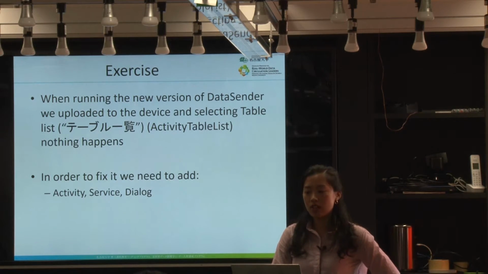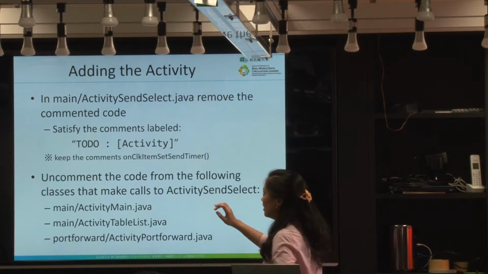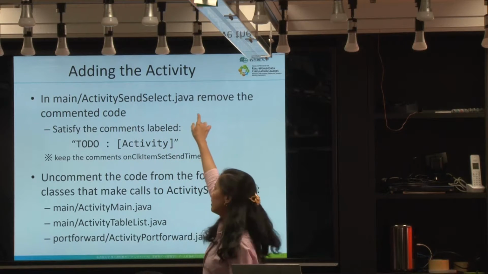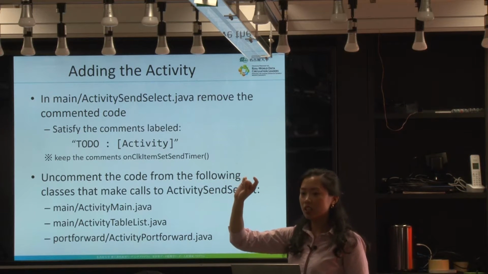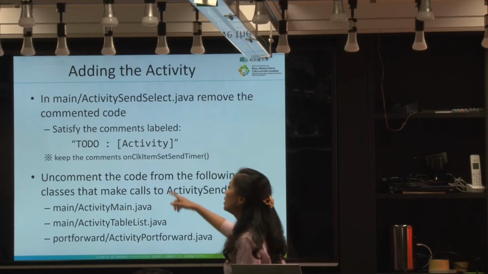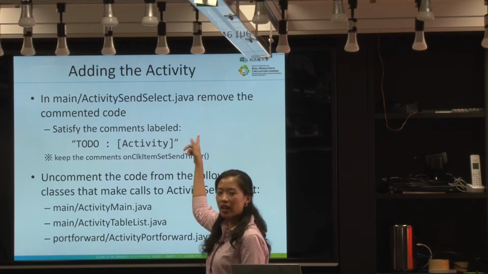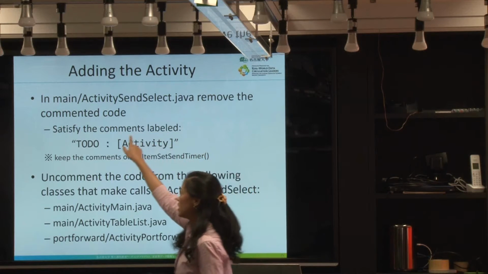So first, let's do the activity. In main, you have to edit this file, activity send select.java. It's under the Java folder under main. And try to look for the comments labeled to do activity and satisfy the statement.